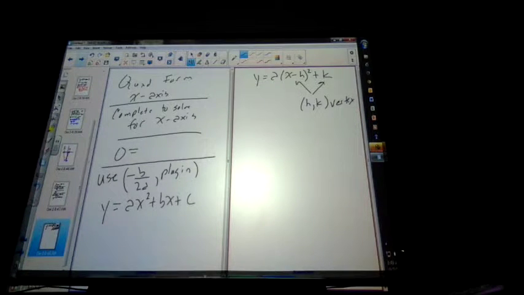Use negative b over 2a to find the x component of the vertex. Plug that back in to find the y component of the vertex. What's the right way to go? I can't tell you. And I can't put a rule up in front of you saying, if it looks like this, then use this. And that's what kind of stinks about this, because there's not an exact location for you to do it.